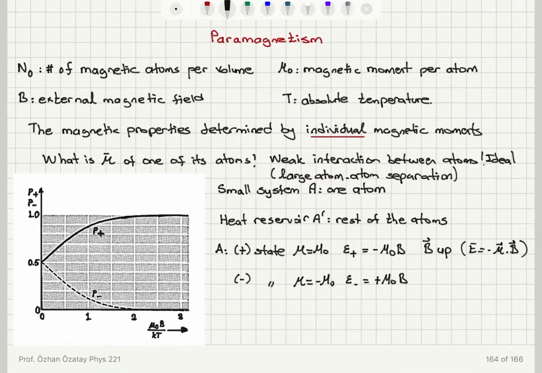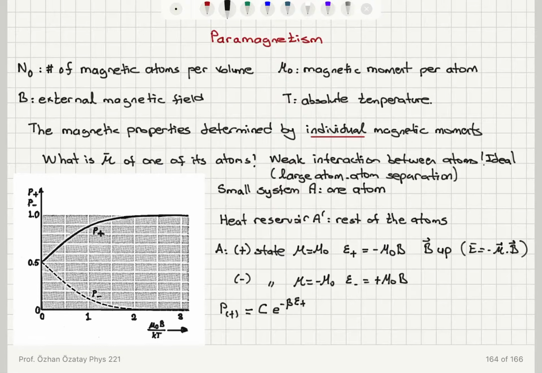And the corresponding probability of having a plus state will be given by the canonical distribution, the constant c times e to the minus beta epsilon plus.